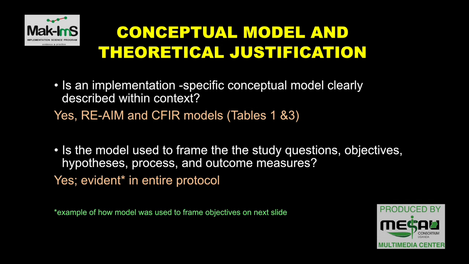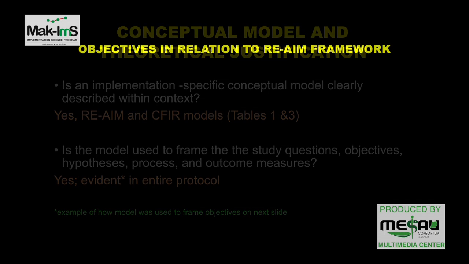I'll only give an example of the objectives. Ideally, the whole concept of the paper, right from the study questions, the hypothesis, the objectives, the outcome measures, there should be evidence that this is based on these implementation science specific models. There are other models, but today we shall just base on what the paper gave us, and that is the REAIM and the CFIR framework.